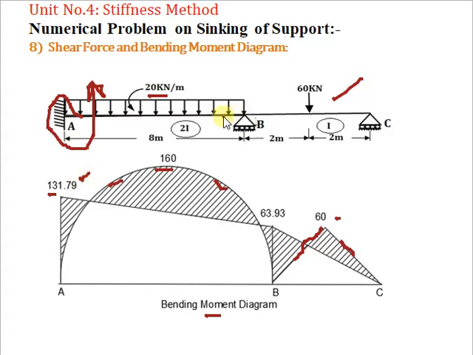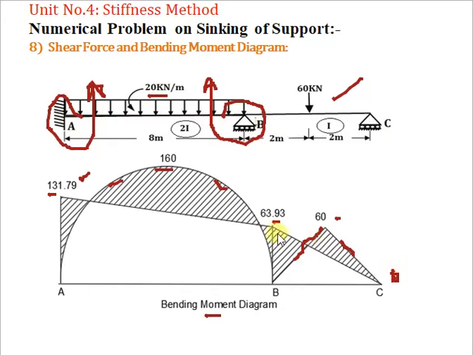Now at B, the end moment MBA comes out negative. That means you have to rotate about B in a clockwise sense. After the rotation, the arrow is coming up, and the value is 63.93 to show there, and the last value is 0 as the moment is 0.